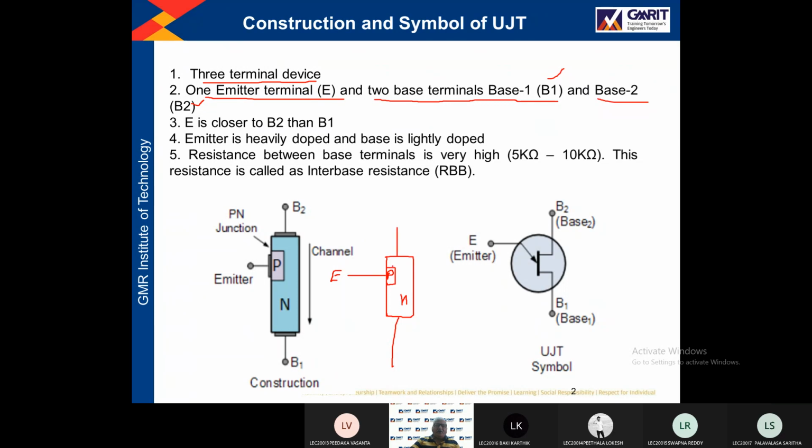Now you see this p material is much closer to this end, and this end is away from it. The terminal which is closer to the p material is your B2. And the terminal which is away from the p material is called B1, right? This is your B1.